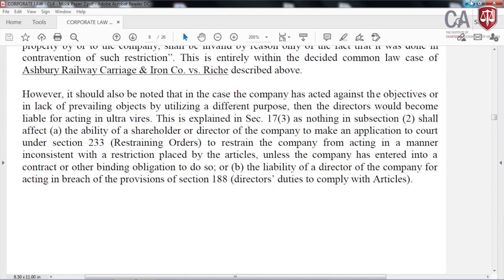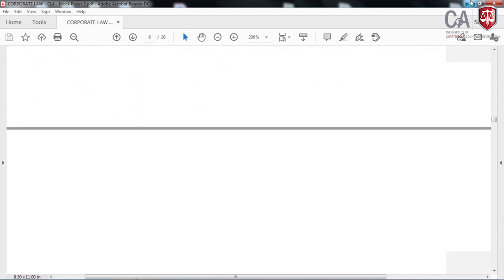So this is explained in section 17(3): nothing in subsection 2 or the previous subsection shall affect the ability of a shareholder or a director of a company to make an application to the court under section 233 in obtaining a restraining order to restrain the company from acting in a manner inconsistent with a restriction placed by the articles, unless the company has entered into a contract or binding obligation to do so, or the liability of a director of a company for acting in breach of the provisions of section 188 that relates to the director's duty to comply with the articles.